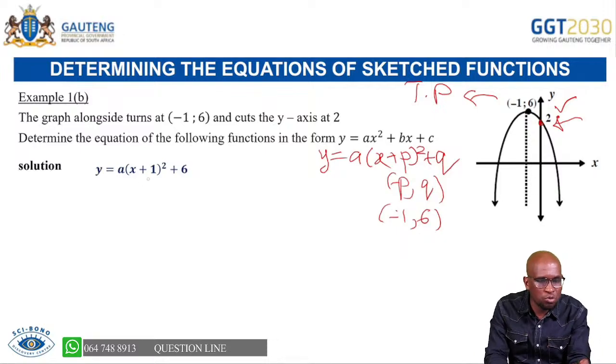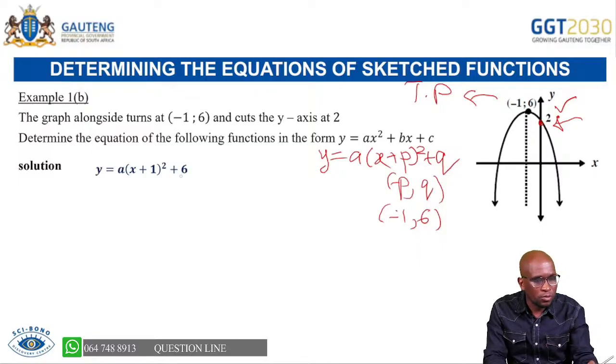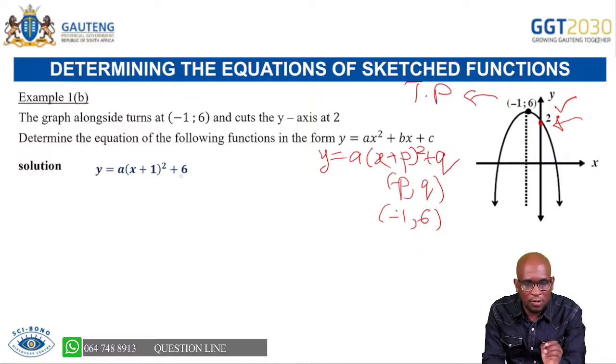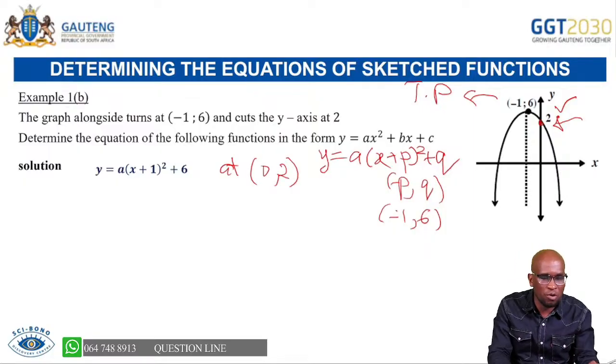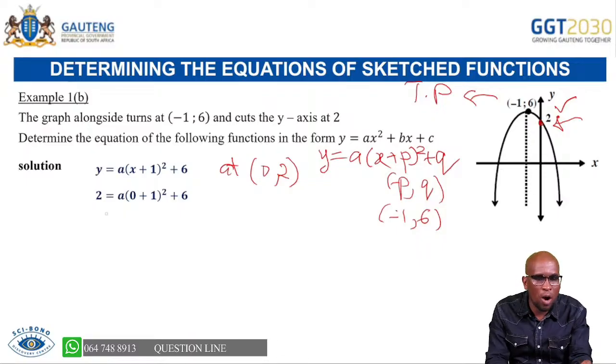So we substitute p as 1, so we get (x + 1) squared, and then plus 6. Then from there, we can substitute the additional point (0; 2), the y-intercept. Where we see y, we put 2.